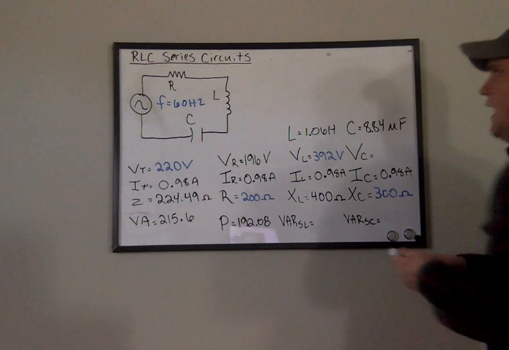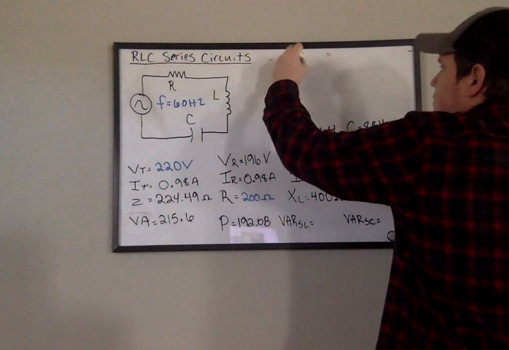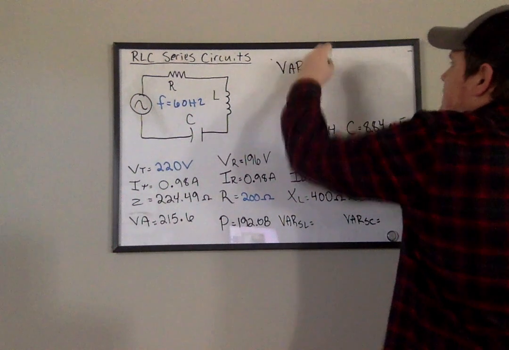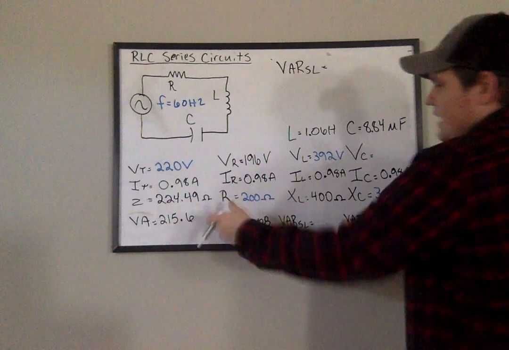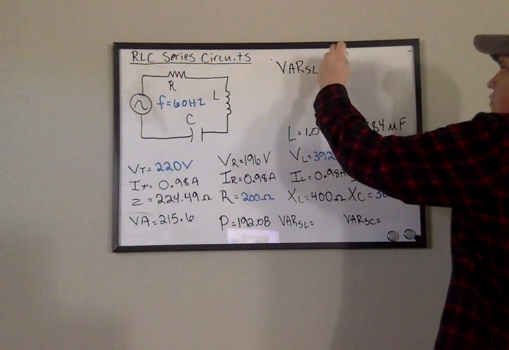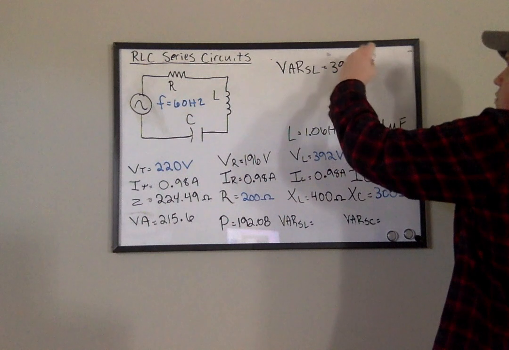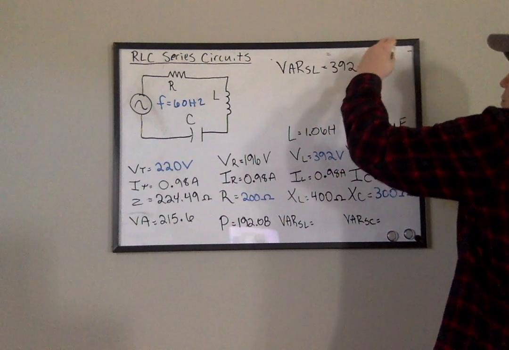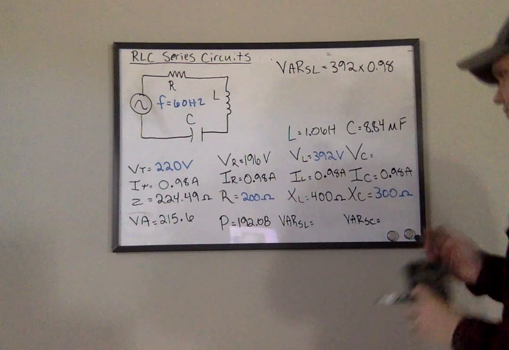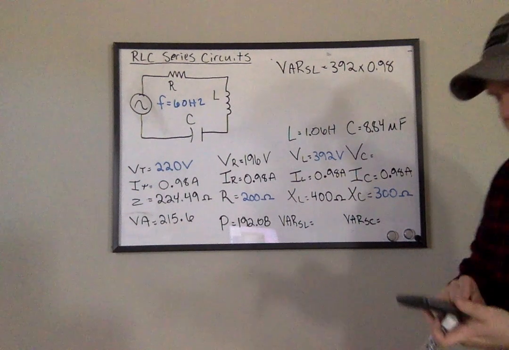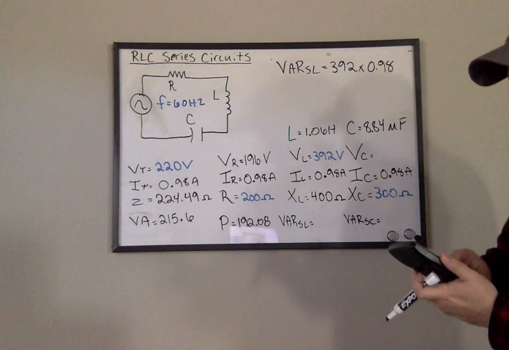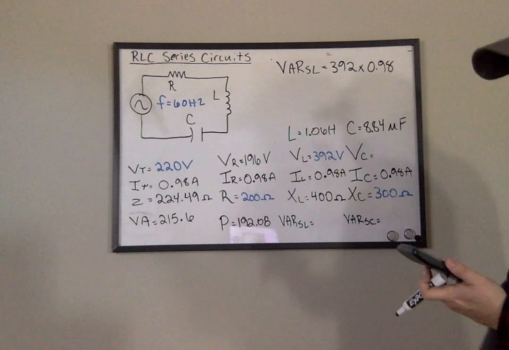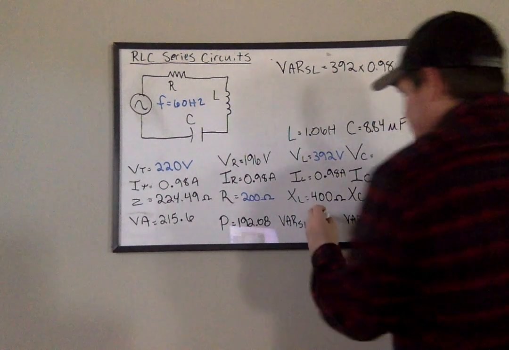VARs L is equal to voltage times current, just like I did with power. So 392 times 0.98. That gives me 384.16.